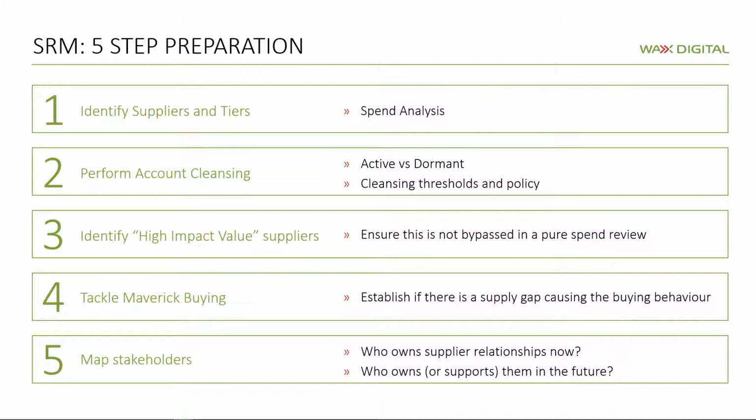With a clean dataset, you can then tier suppliers in terms of criticality. And criticality isn't simply down to spend, but a range of other factors too, such as scarcity of supply, impact of business interruption, or reputational impact. It's also important to identify and plot stakeholder relationships. Who actually looks after key suppliers now, and who will be taking on that role in the future?